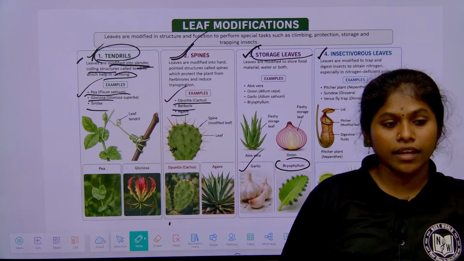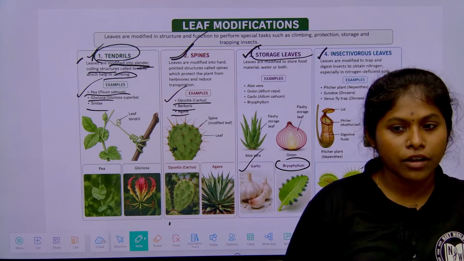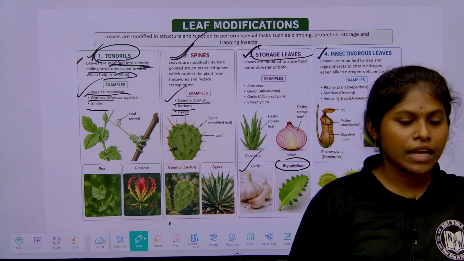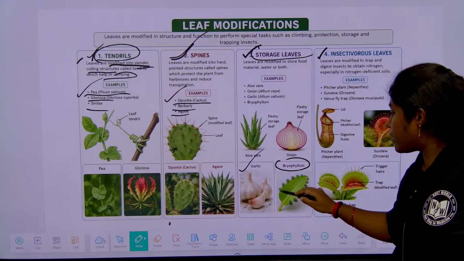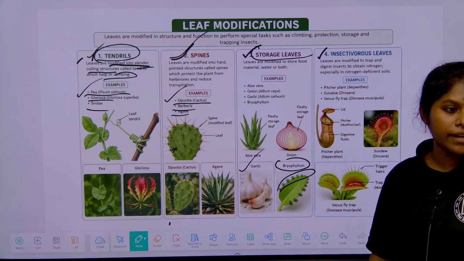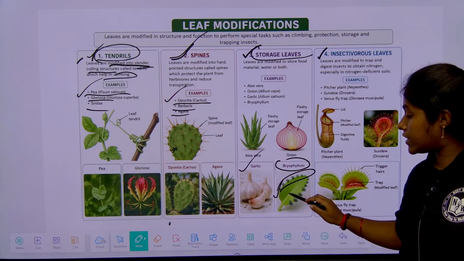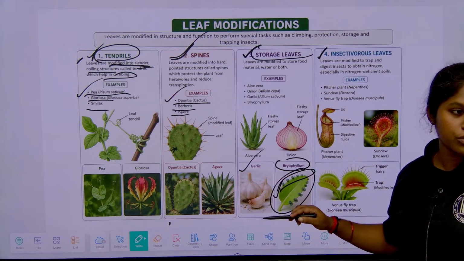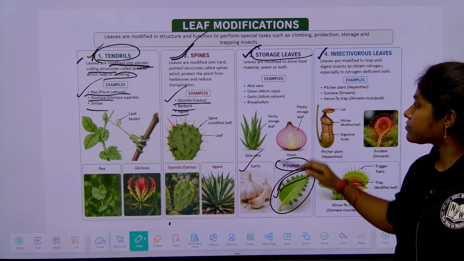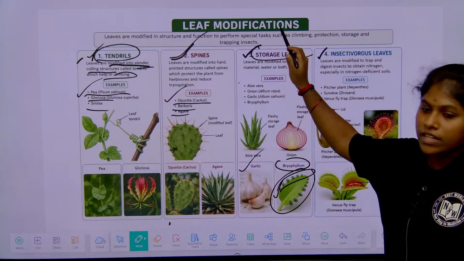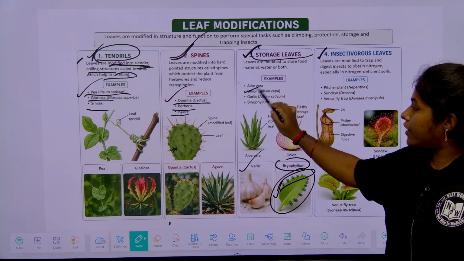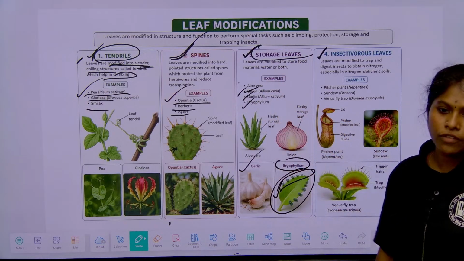Root system I am asking. Adventitious, because the roots grow from an organ of the plant, not from the root. So it is the best example for adventitious roots. Ask me any question. The examples of the storage leaves are onion, garlic, aloe vera, Bryophyllum.